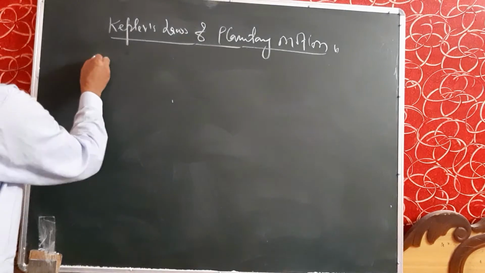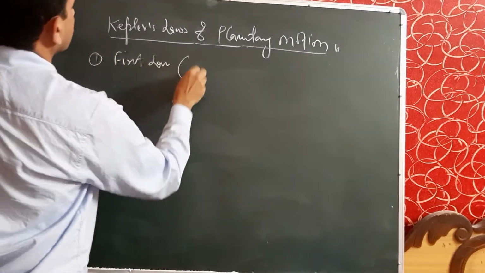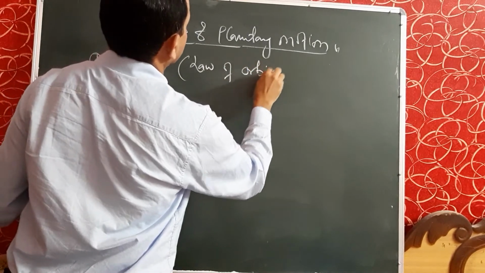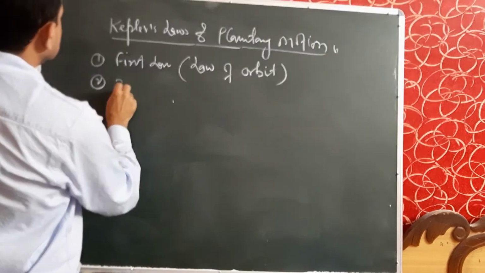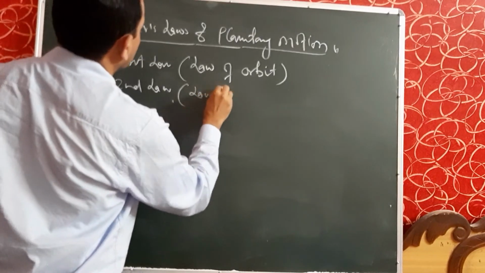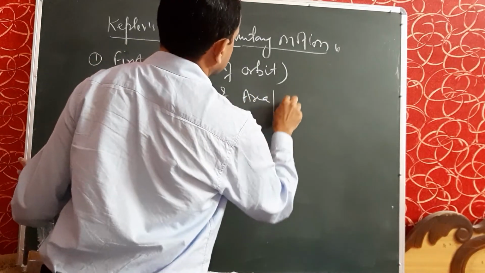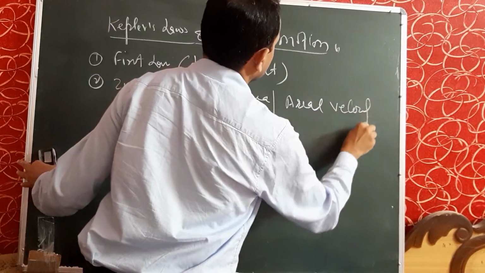So there are 3 laws. The first law is also called the law of orbits, and the second law is also called the law of area or areal velocity.